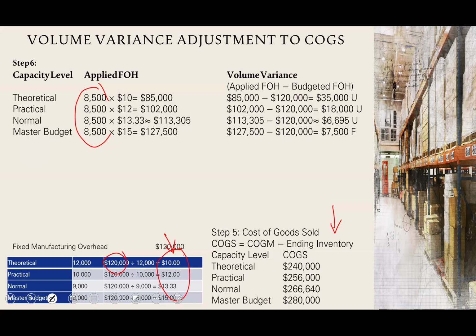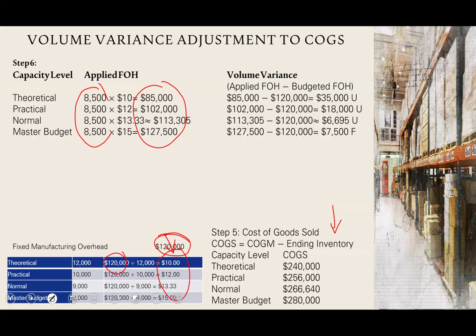You have seen the same calculation very recently in chapter number 8, where we talked about volume variance or production volume variance, as a difference between applied overhead and budgeted overhead. So that's what we are doing. We are taking this applied overhead from this column and subtracting the budgeted overhead from each one of them to calculate volume variance, or production volume variance, as you call it.